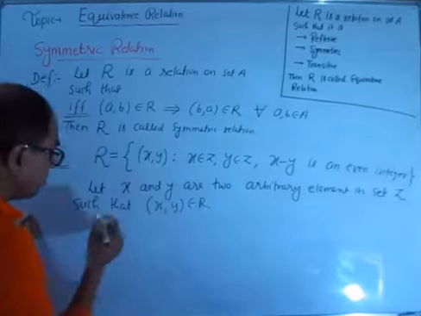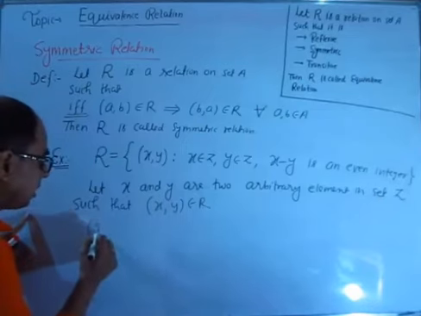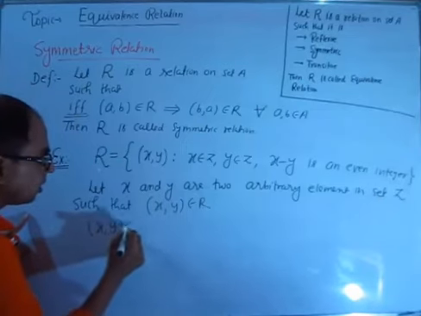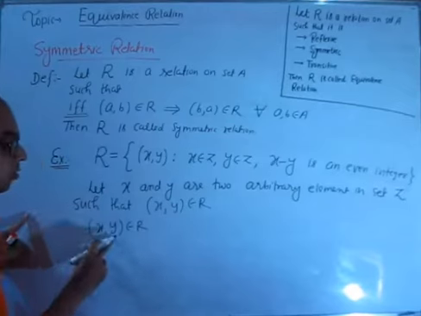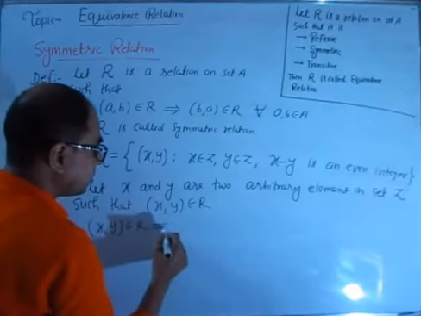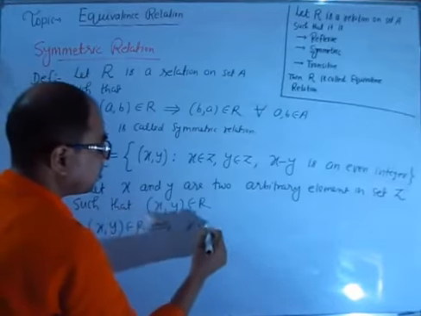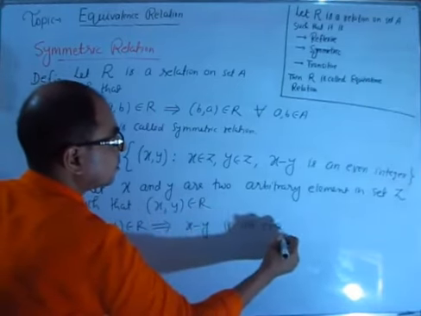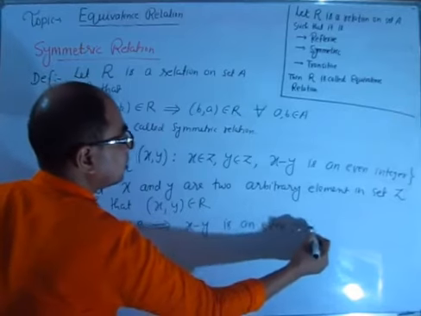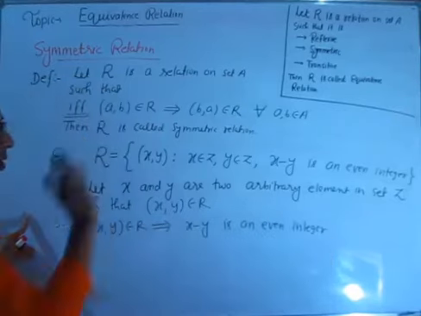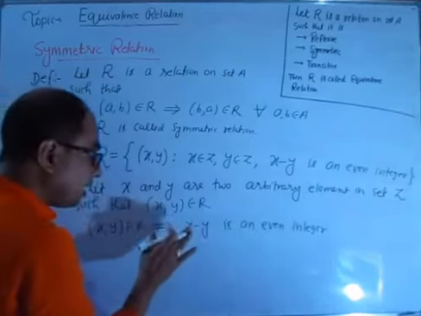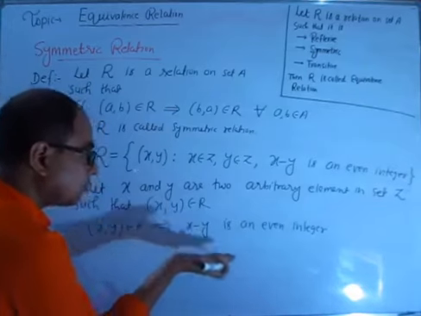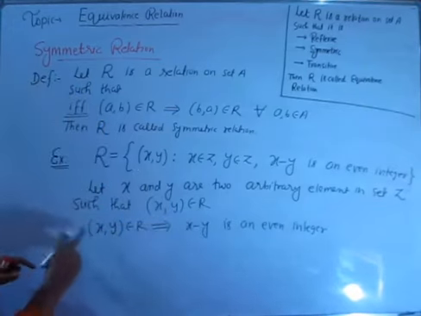So what is our assumption? x is related to y. So this implies x minus y is an even integer, according to the relation. Now with the help of this statement, we have to prove that y is also related to x.